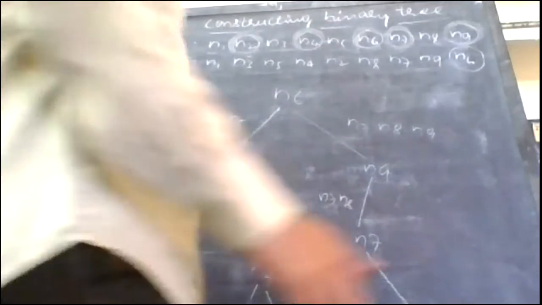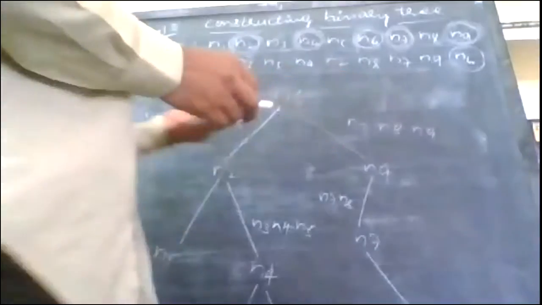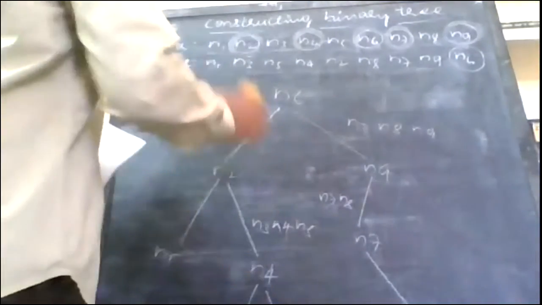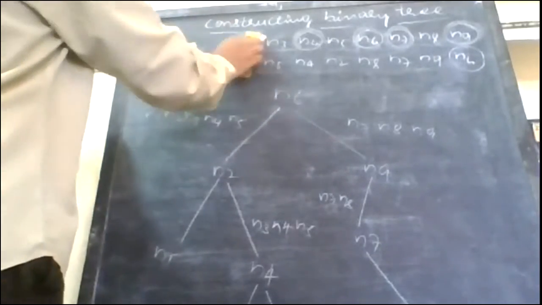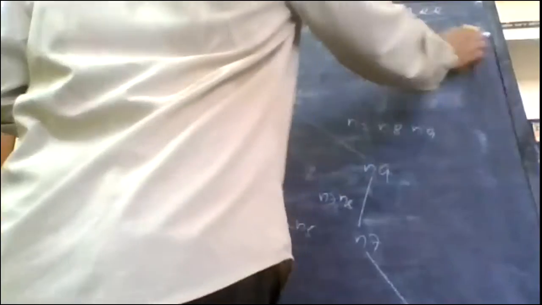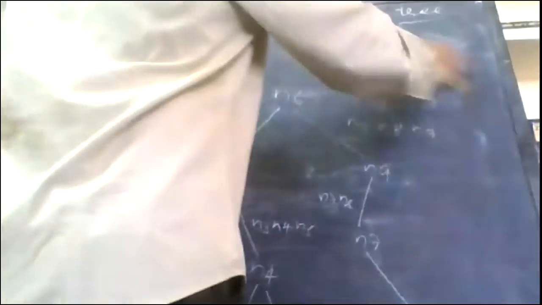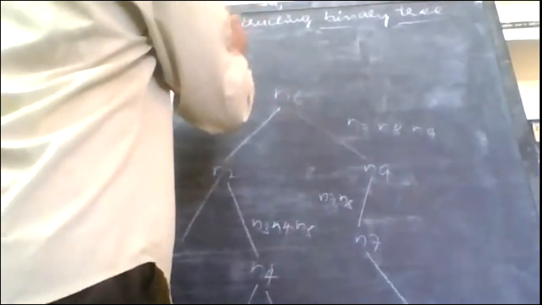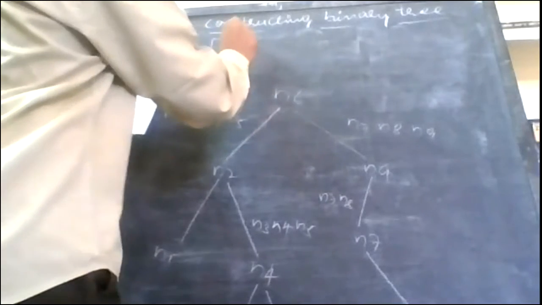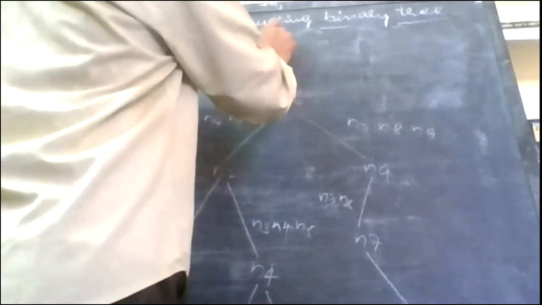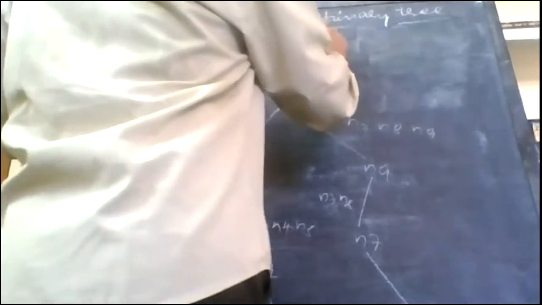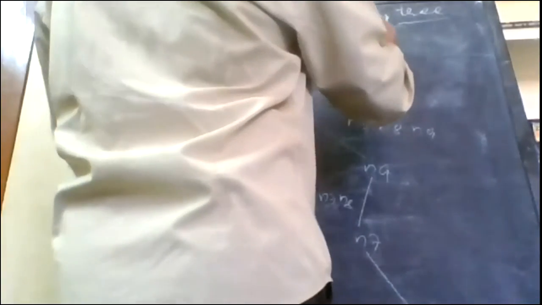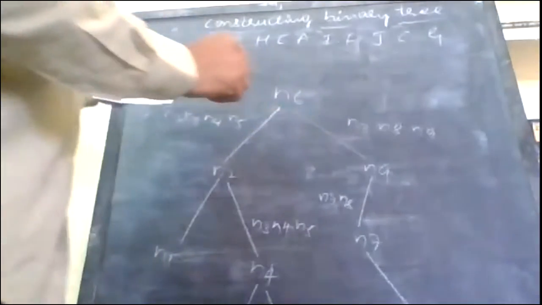Okay, this is one example, and another example which they have given in 2016. So let me write that example and let me explain it. Inorder: D, B, H, E, A, I, F, J, C, G. These are the inorder traversal.